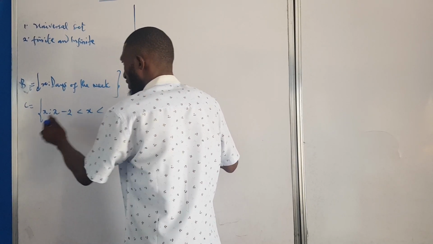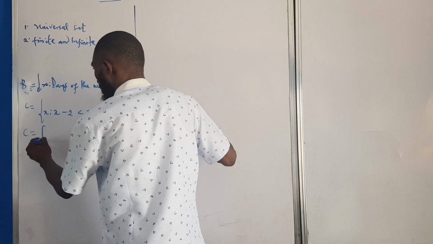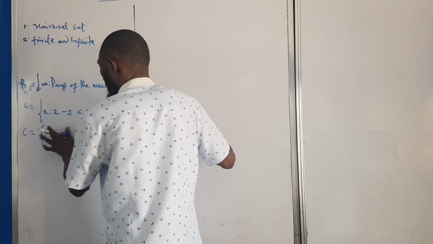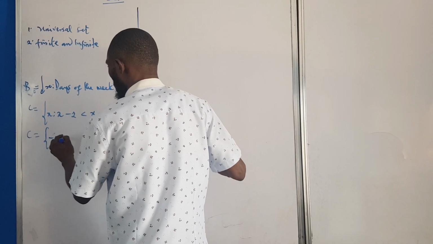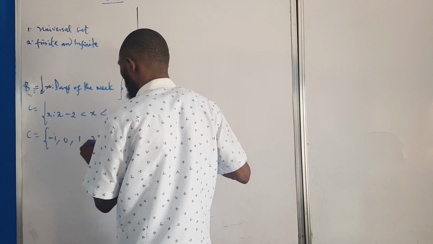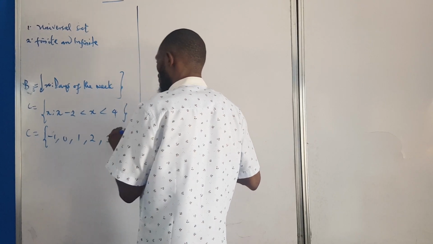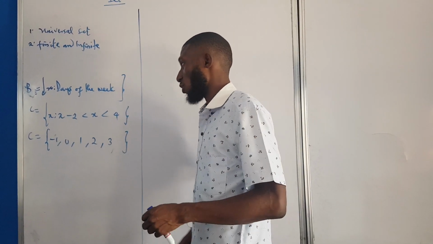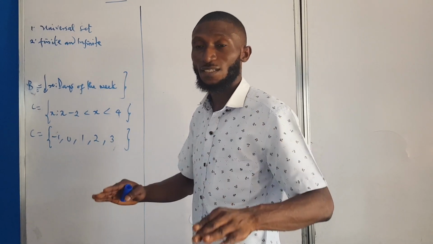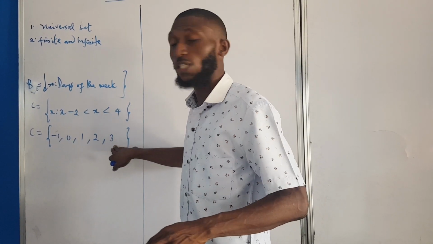We know the range. So we have minus 1, 0, 1, 2, 3, and it's less than 4. 4 is not included, minus 2 is not included. If you have anything like this, it is a finite set because we know the beginning and the ending.